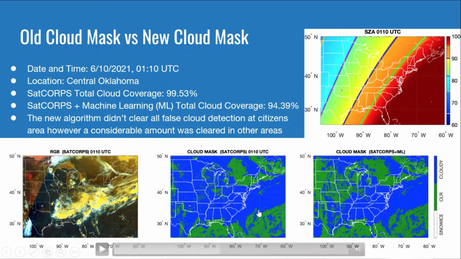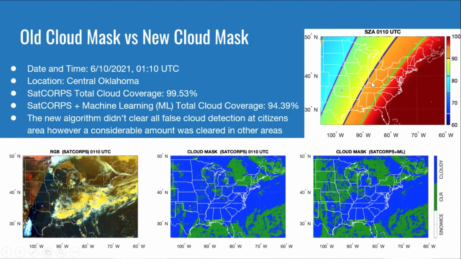You see the whole Midwest covered with our older algorithm, and in the new machine learning algorithm, you don't see that, and you see a lot more natural clouds being detected. And some of this could be false cloud detection, but at the same time, there are clouds present. And while this new algorithm isn't 100% perfect, we're still working to refine it, and it is considerably better than the old Cloud Mask product.